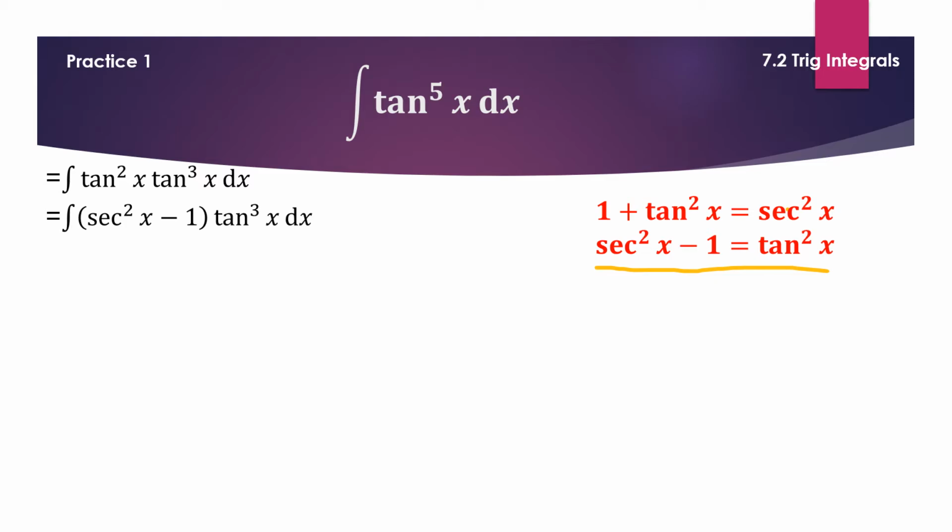And then we will have our integral be secant squared x minus 1 times tangent cubed x dx. And then we separate the integral into two parts: integral secant squared x tangent cubed x dx minus integral tangent cubed x dx.